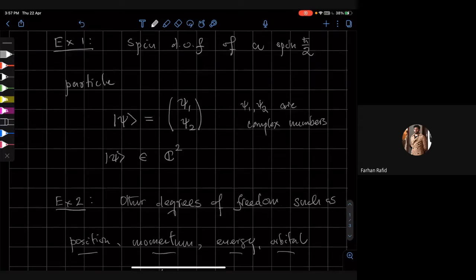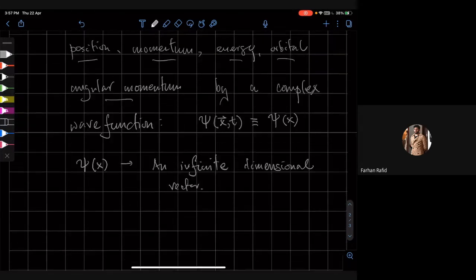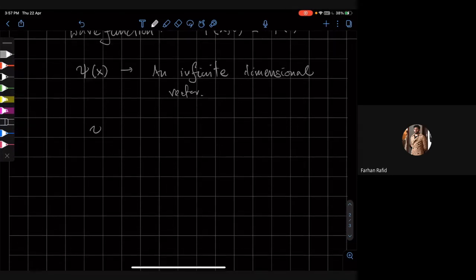For example, this two-component vector, we can denote the component like that, right? Where i goes from 1 to 2. Similarly, you can think of this as a vector psi whose component is given by the index x. So how many indices do we have here?